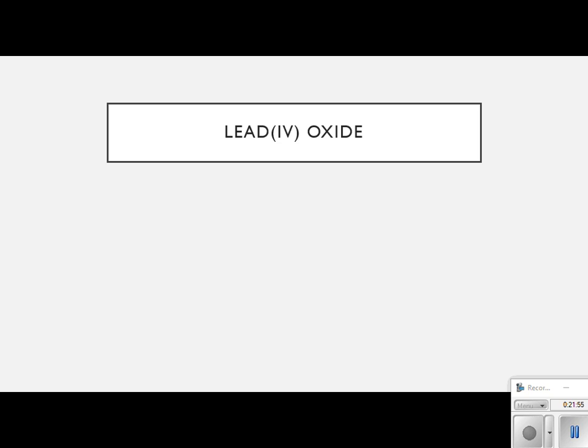Look at chromium. Is chromium multivalent? Yes, it is. What charges can chromium take? +2, +3, +6, right? Chromium is multivalent.